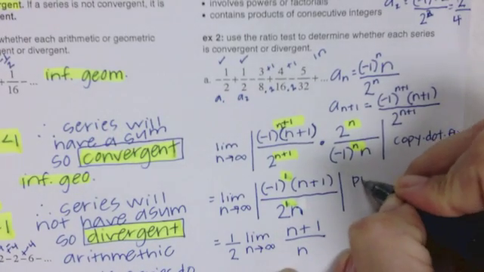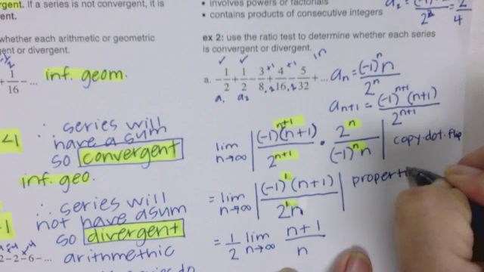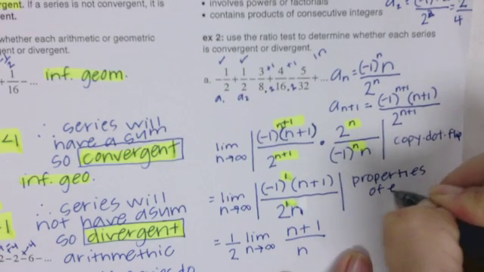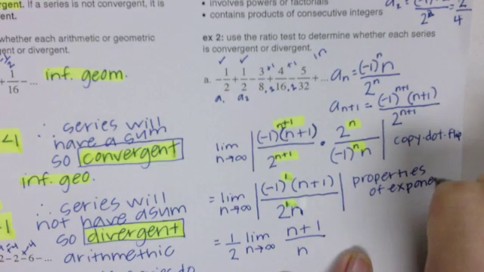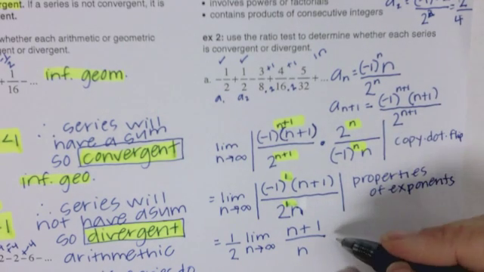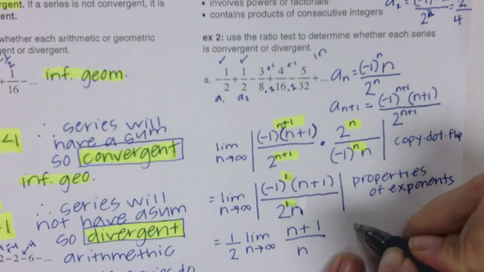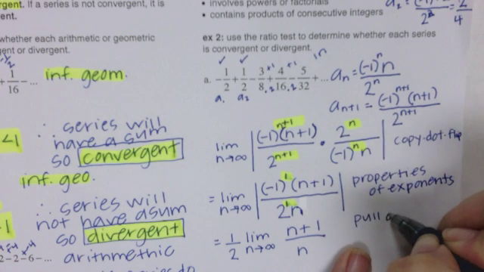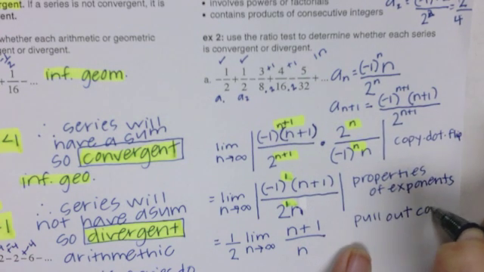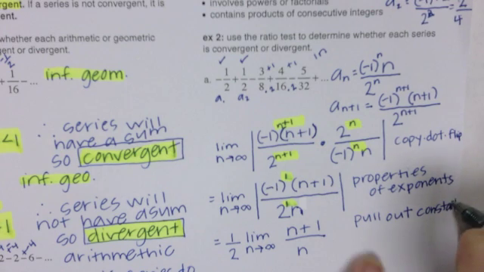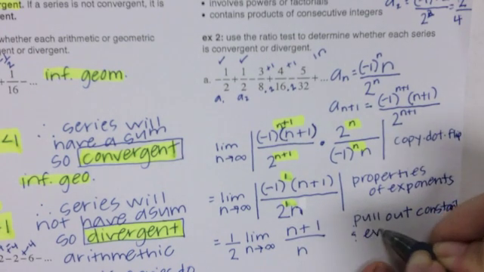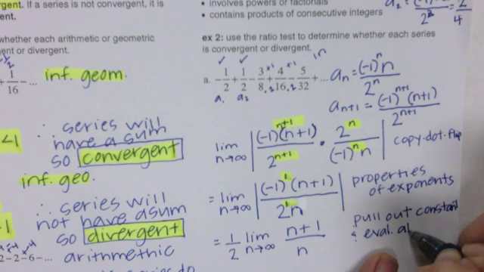So this was properties of exponents. And on this one right here, I pulled out the constant and evaluated the absolute value.